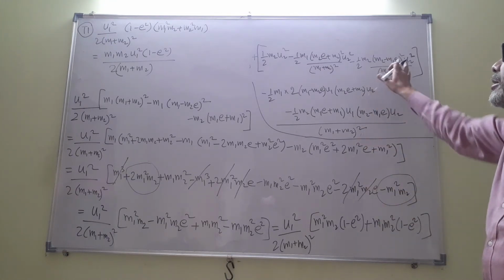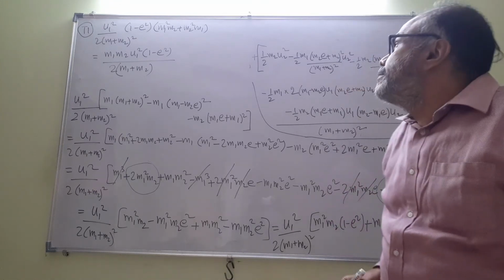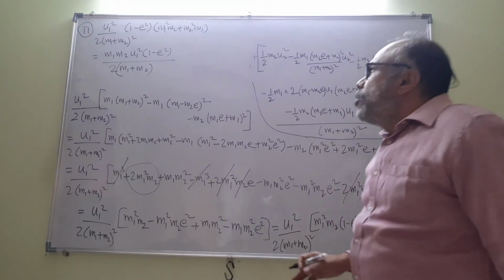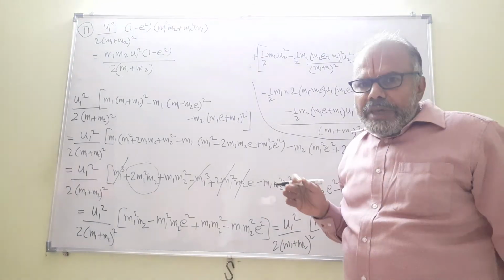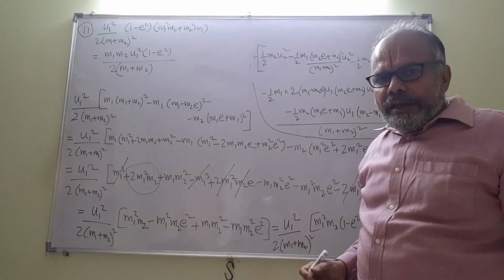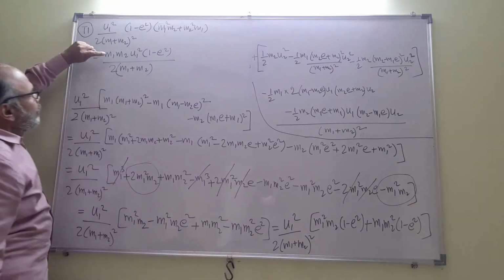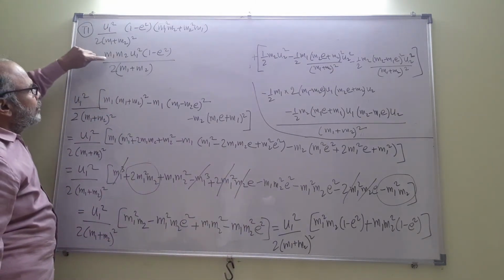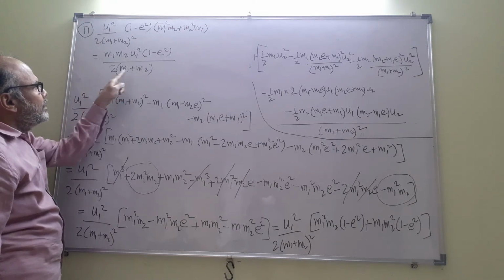Now the second term, we do not have to put in so much effort because we saw that by interchanging the suffix, by making 2 as 1 and 1 as 2, we can get the second term. If you made 1 as 2 and 2 as 1, this would be unchanged. Again, if you make 1 as 2 and 2 as 1, this is unchanged.